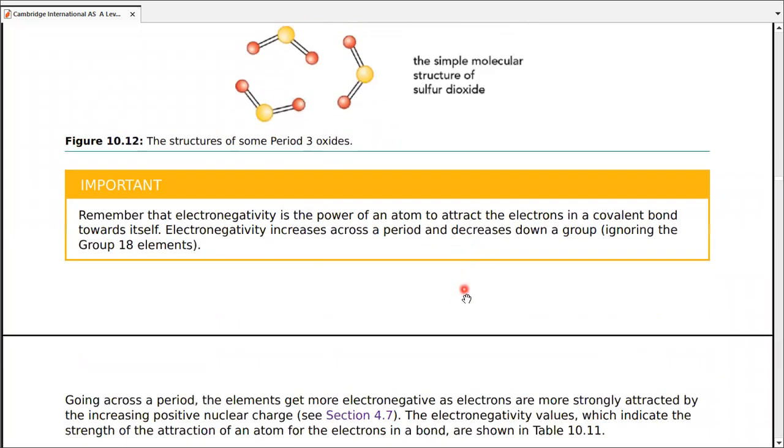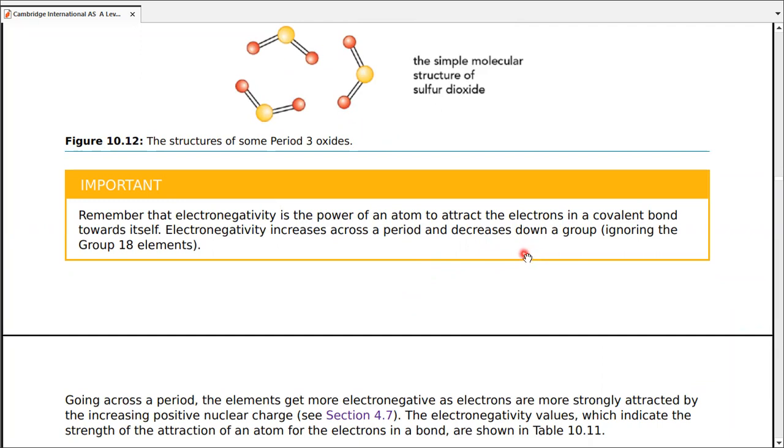Remember that electronegativity is the power of an atom to attract the electrons in a covalent bond towards itself. Electronegativity increases across a period. That's why the nonmetals on the extreme right, such as halogens, are the most electronegative elements, and it decreases down a group.